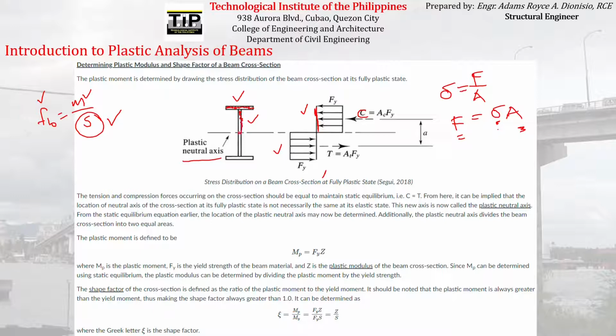Kunin mo yung area niyan, that is what we call the Ac, area in compression, multiply mo siya sa Fy, makukuha mo na yung total force, which is the resultant of these many stresses. And same goes dito sa tensile stresses.